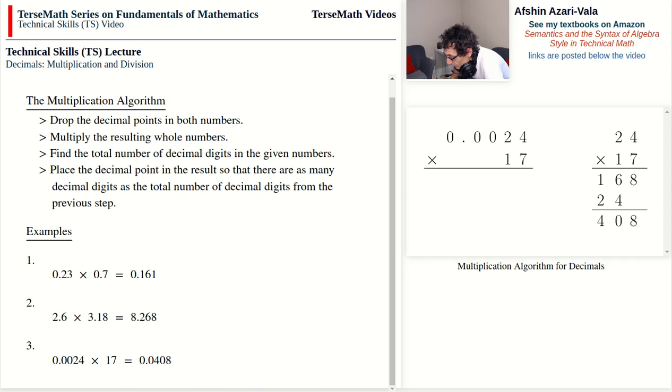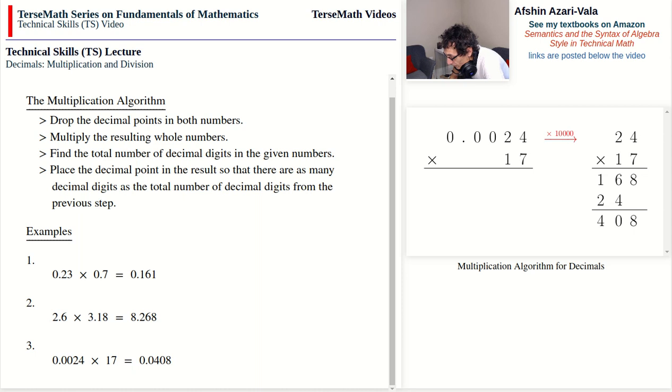Now, the quick way to find the final answer is to argue that you start with 4 decimal digits in total. 17 doesn't have any. And so you should end with 4 decimal digits. You can put a 0 before the 4 and then the decimal point to end up with 0.0408. And the long way to argue through it is to say that in going from 0.0024 to 24, the number became 10,000 times larger.